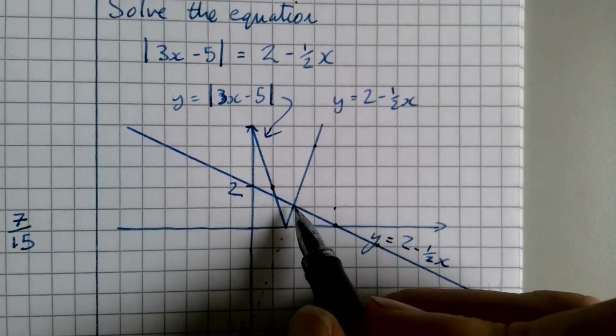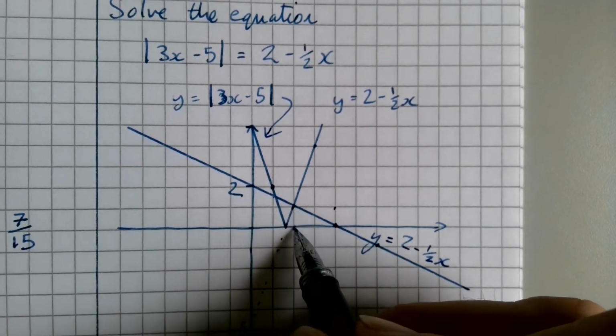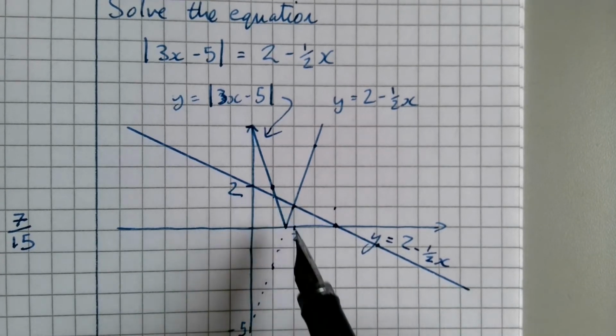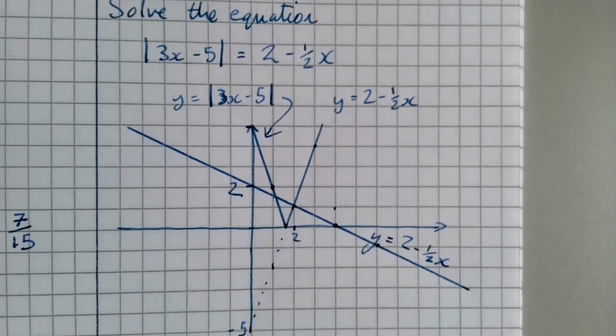So we're looking for these 2 points here. Now that one looks like it's x equals 2. This one here is a tiny bit more than 1, which is why we need to be solving these in the same way that we did the other one, algebraically as well.